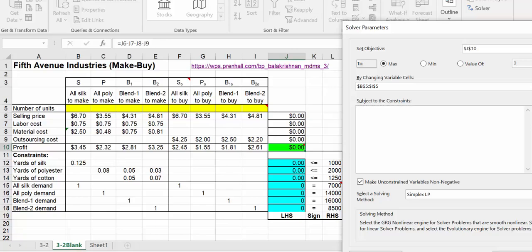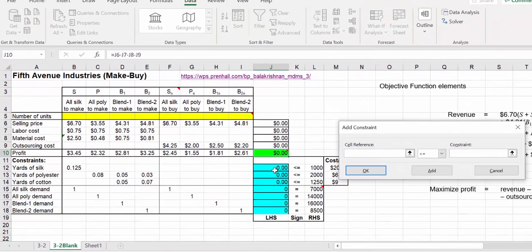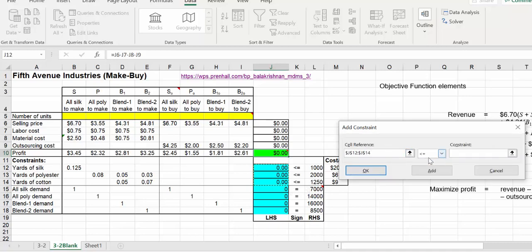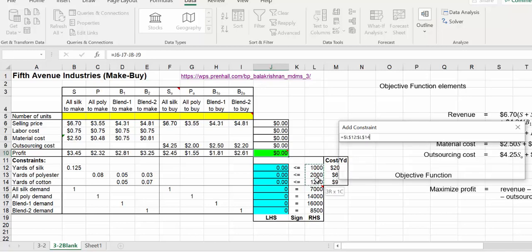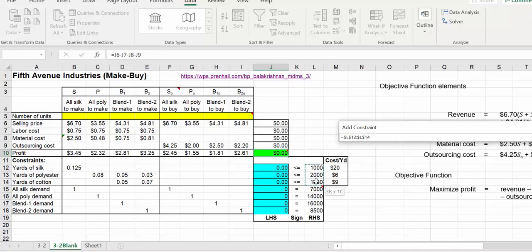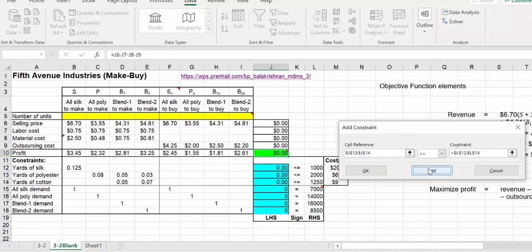So let's add in a constraint. All right, so we take all the left-hand side. We stop here because that's all the less than or equal to. So notice the less than or equal to. And then we've got the right-hand side constraint, like so. Make sure we got all three. There we go. And that's good. All right, so we add that in.